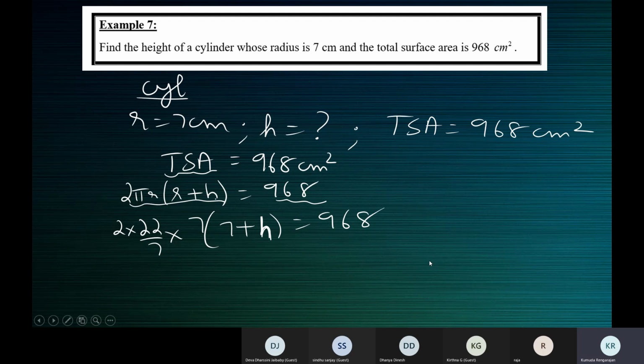What's the value of h, children? 15, ma'am. 15 centimeters, ma'am. Okay, 15 centimeters.